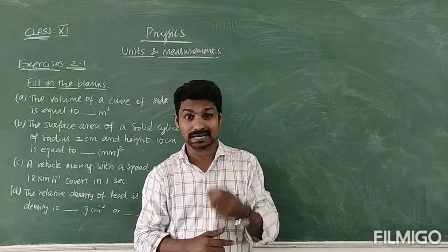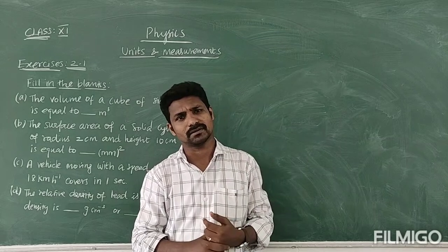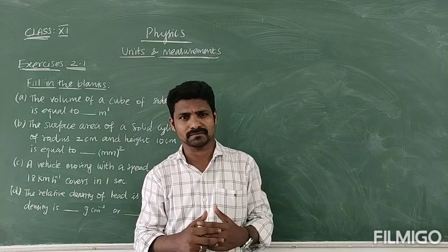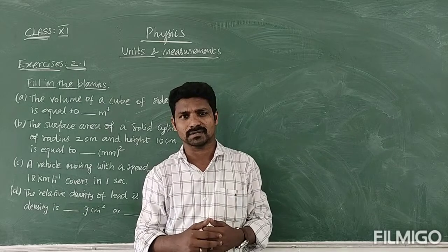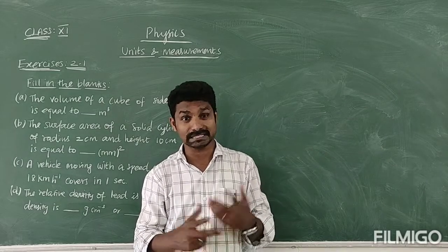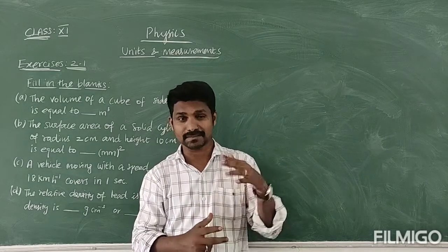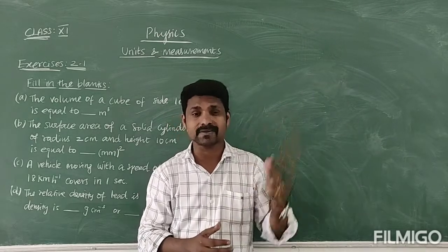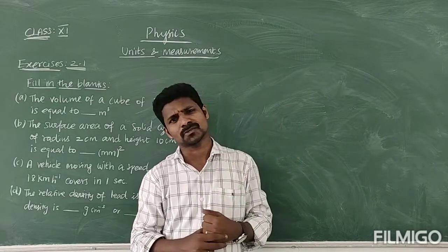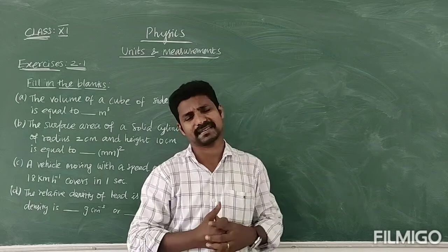then light year, then different types of subunits, and multipliers, that is 10 power plus value, that is multipliers, then 10 power minus value, that is submultipliers. So many conversions are there.